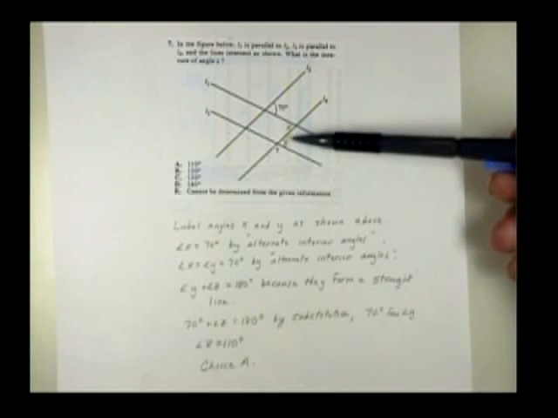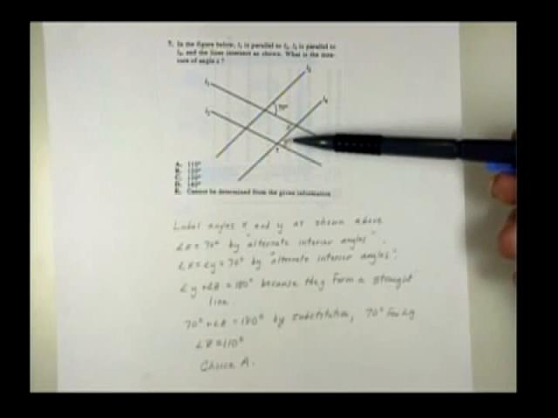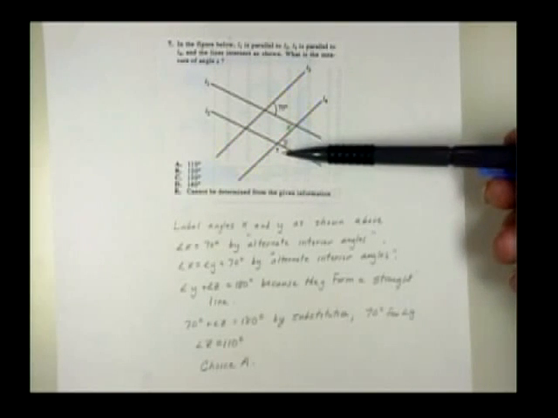Angle X and Y are equal by alternate interior angles, so angle Y has measure 70 degrees. The sum of the angles Z and Y total 180 degrees because they form a straight line. Therefore, angle Z must be 110 degrees. Choice A.